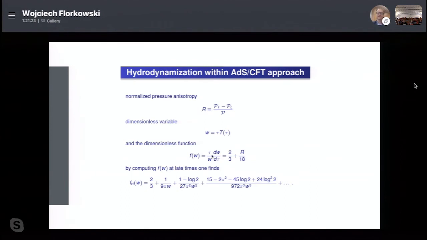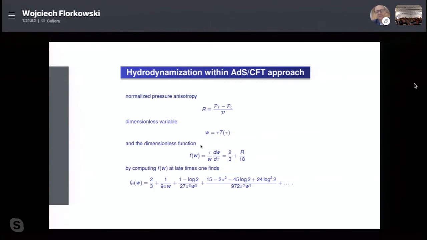So one can study F instead of this ratio, and one can compute how this function F behaves for W which is very, very large. So actually for large times, W goes to infinity.